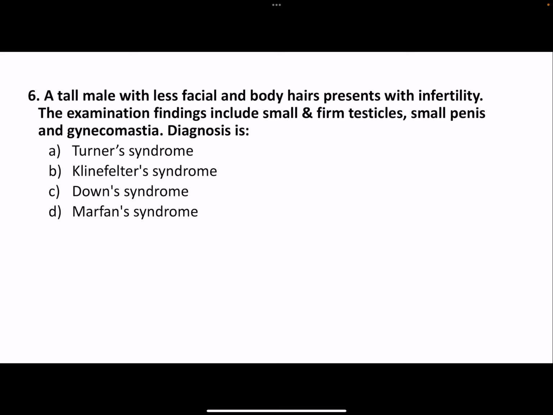A tall male with less facial and body hairs presents with infertility. The examination findings include small and firm testicles, small penis, and gynecomastia. Diagnosis is. So the features mentioned in the options are of the Klinefelter syndrome. So the answer to this question is Klinefelter syndrome, that is option B.